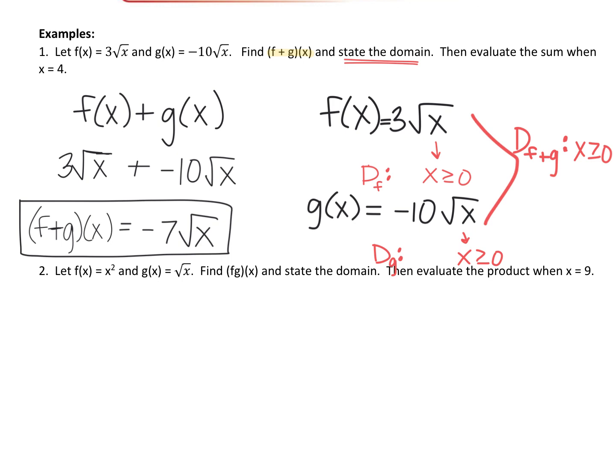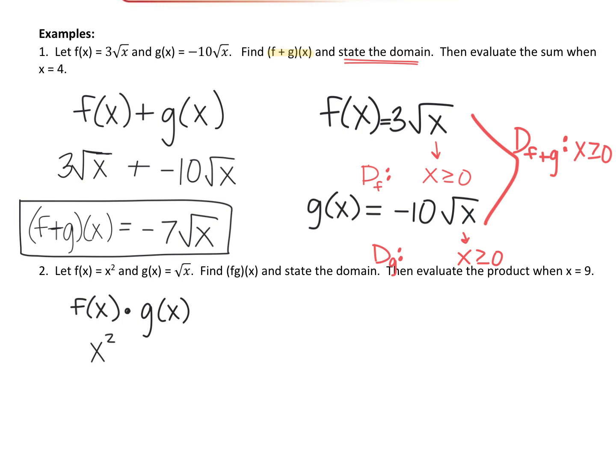Okay, let's look at number 2. This time you have f and g side by side. What operation is that? Multiplication. So you're doing f times g, so f of x times g of x. Okay, f of x is x squared.